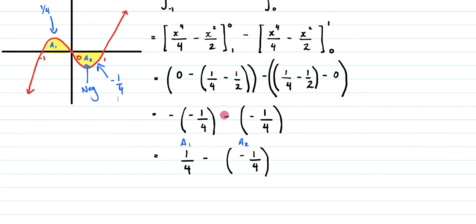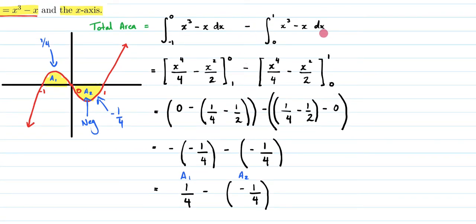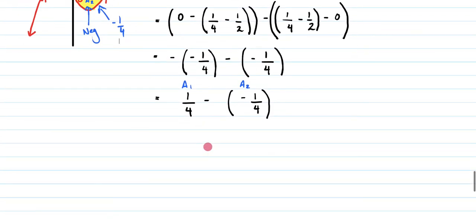But because I put a negative up here, realizing that this was below the x-axis, I anticipated this, and therefore what I'm going to end up with is 1/4 plus 1/4, because my negatives are going to cancel, become a positive, and that means I'm going to end up with 2/4, and that is the same thing as 1/2.